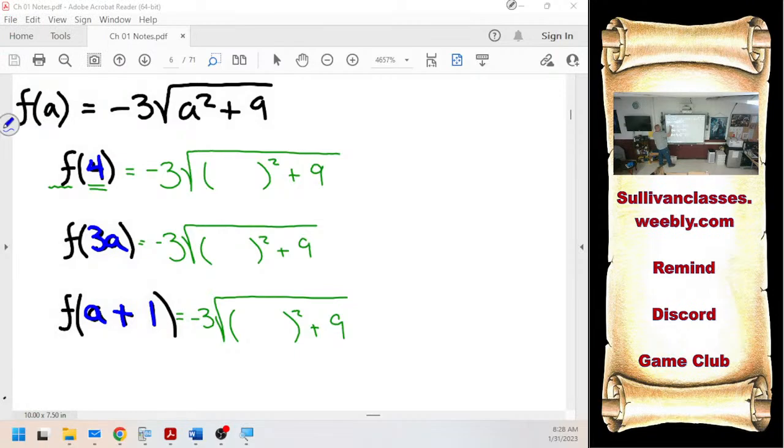Vikings suck. I'm going to put 4 in there. I'm going to put 3a in there. I'm going to put a plus 1 in there. Right? That's it. You plug those in, and then you simplify them as best you can.